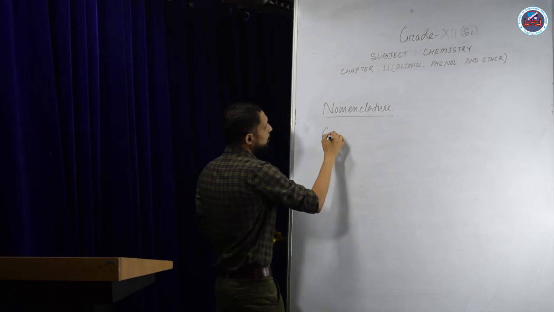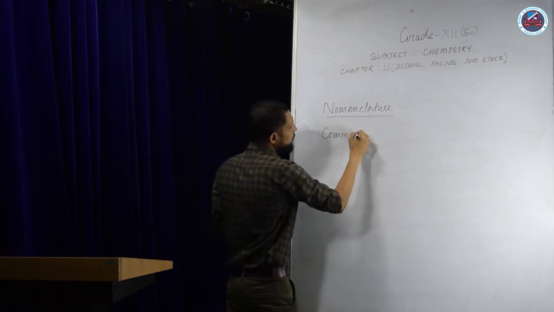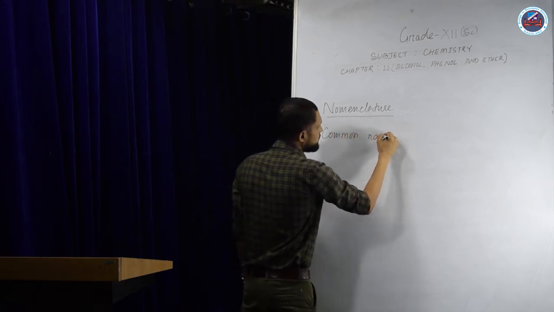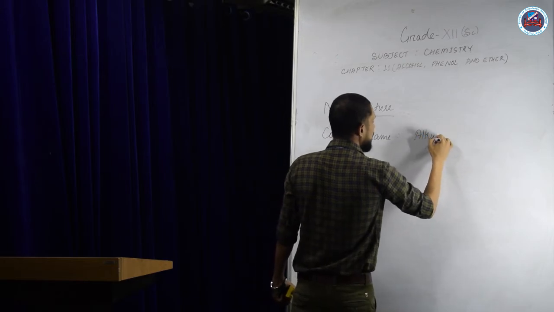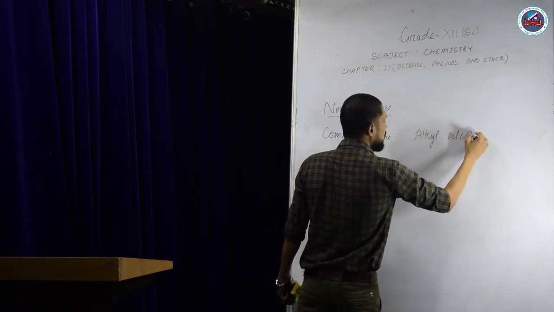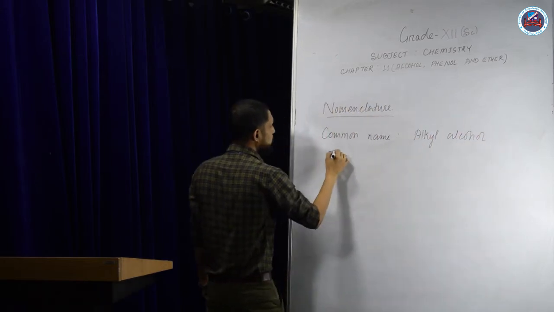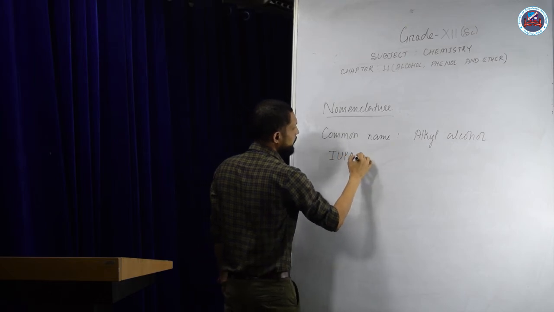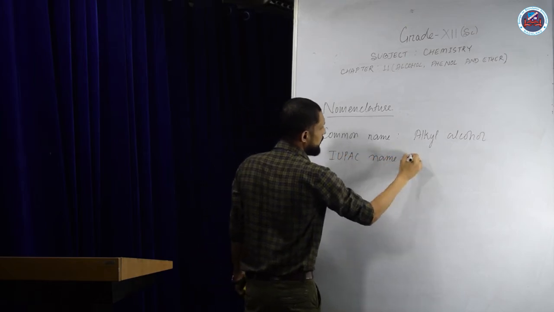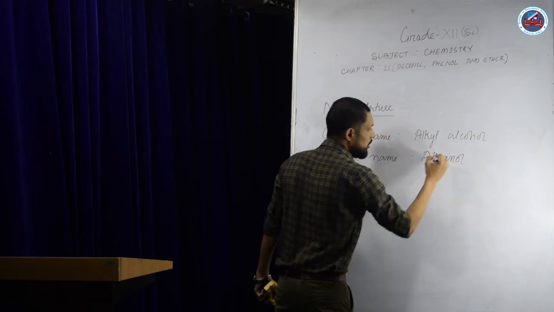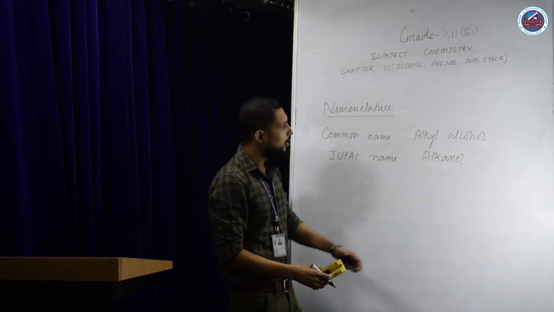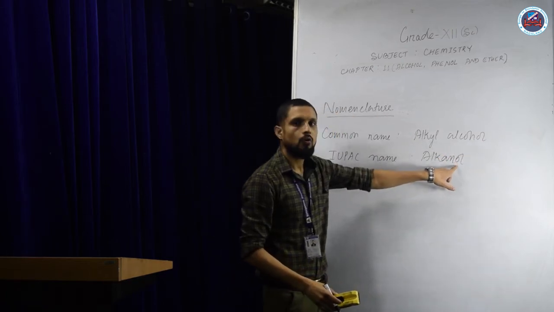So for alcohol, the common name is written as alkyl alcohol, whereas the IUPAC name is written as alkanol. E of the alkane is replaced by OL.